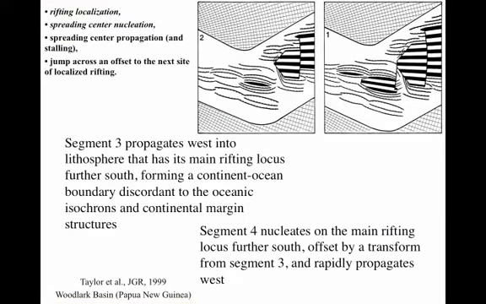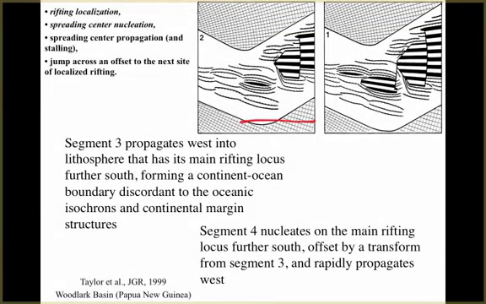In the last stages, where we have spreading center propagation, intermittent stalling, and jumps across to an offset to the next site of localized rifting, we see the segments propagating to the west into lithosphere that has its main rifting locus further south.